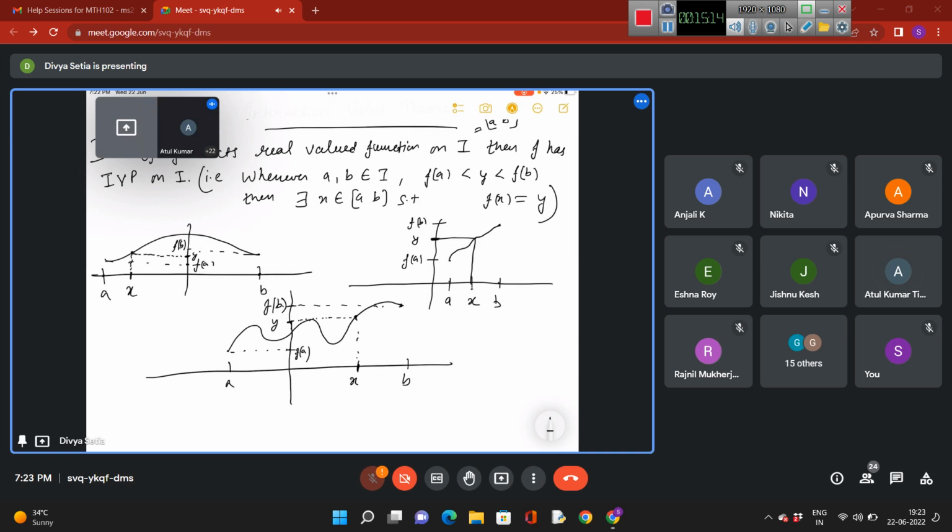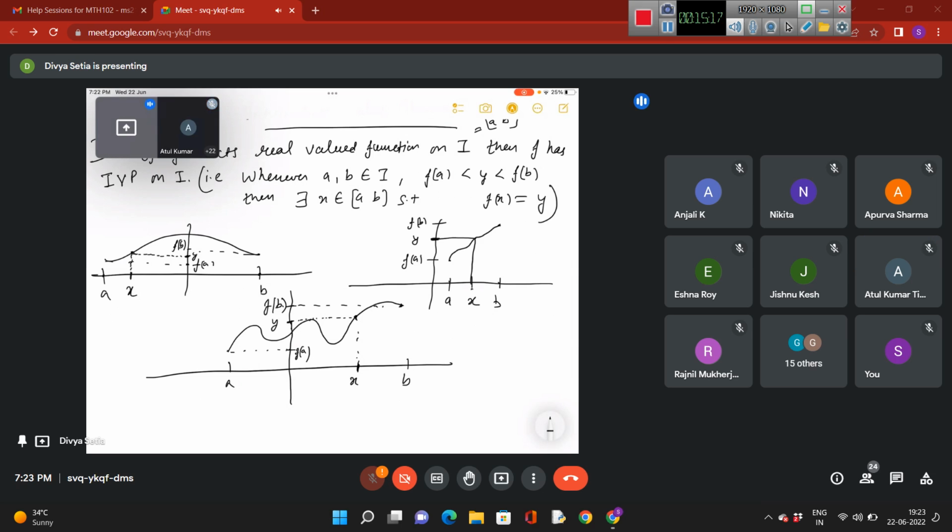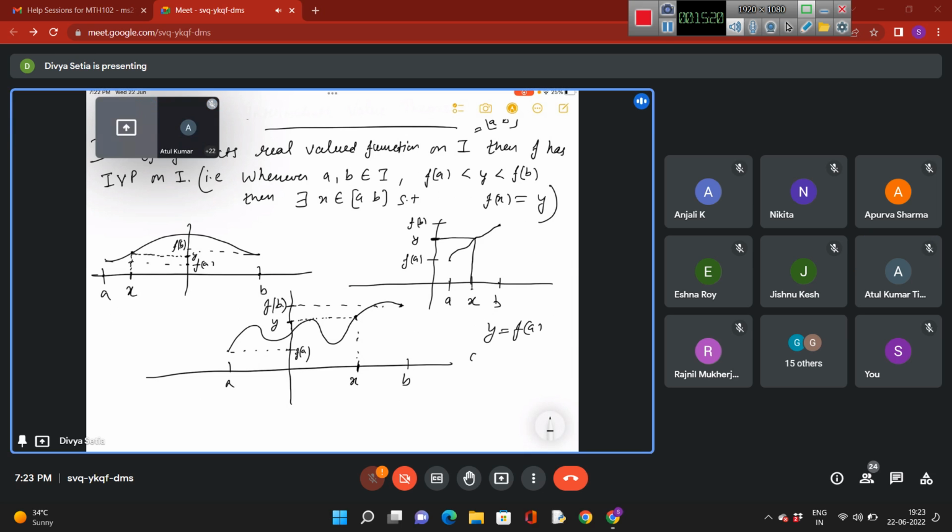If y is equal to f of a or f of b, that means pre-images already exist, so we are looking for nothing. Already we are given that the pre-image exists. So basically we are looking at the points which lie strictly between f of a and f of b, to see whether those points have pre-images or not. So each and every point of this interval will always have a pre-image.